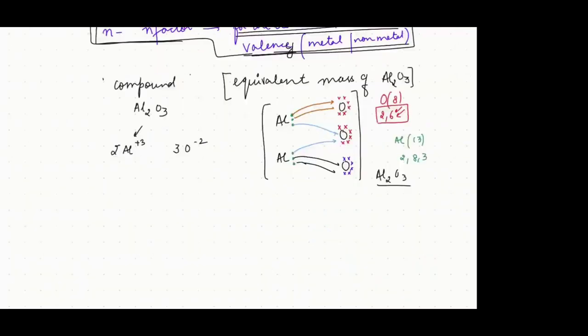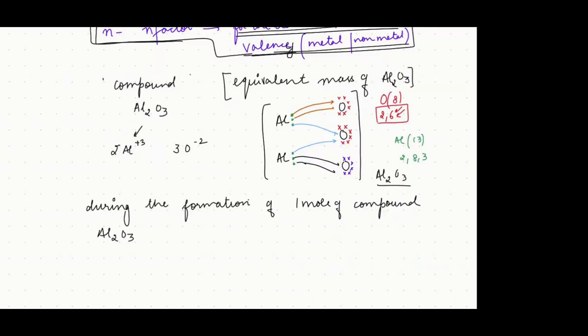I would say that during the formation of 1 mole of compound Al2O3, 6 moles of electrons are getting transferred. Do you understand?